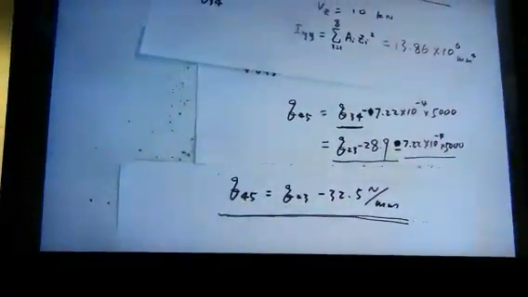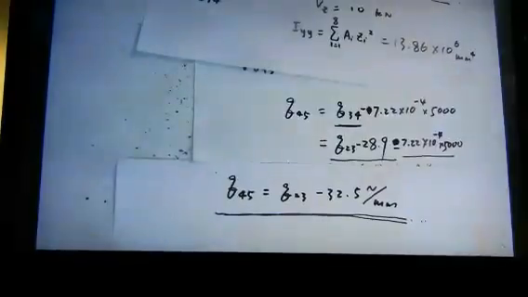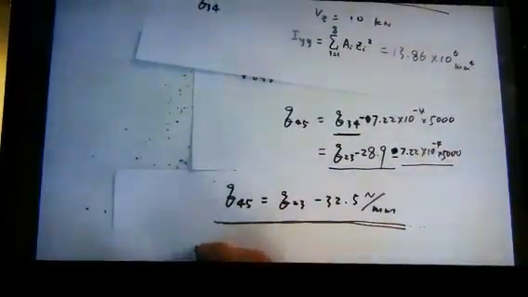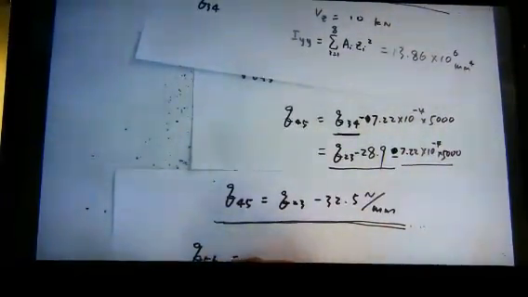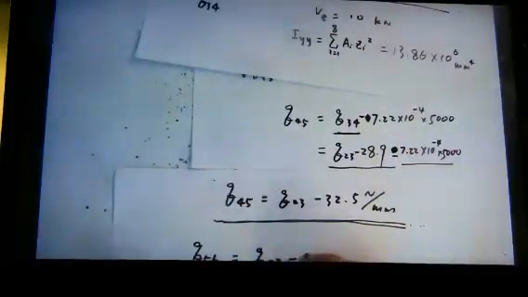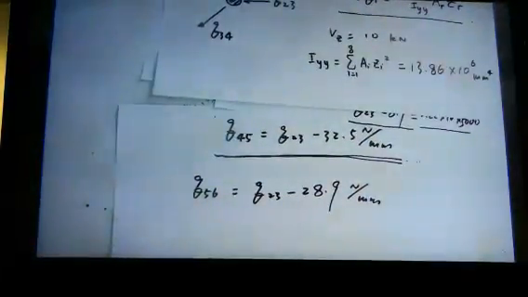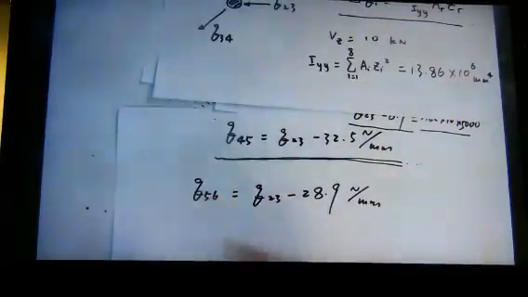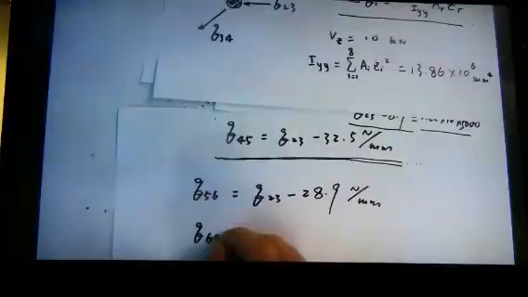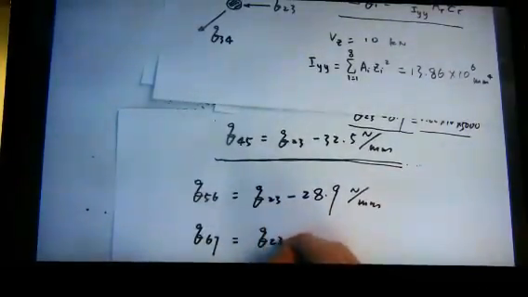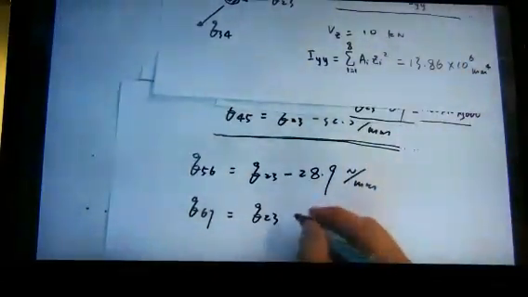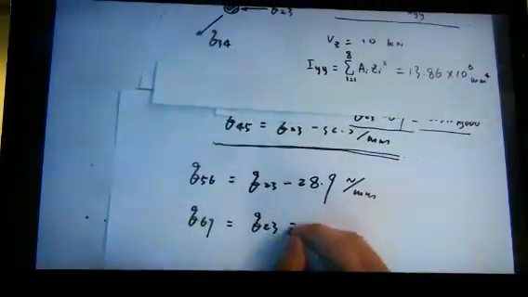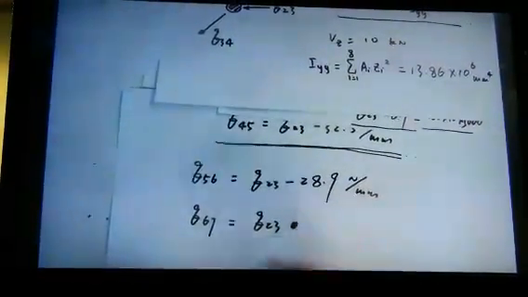Follow the same procedure. I'm not going to do that boom by boom. Same procedure, you can figure out Q56 equals Q23 minus, and Q67 equals Q23, it's symmetric.